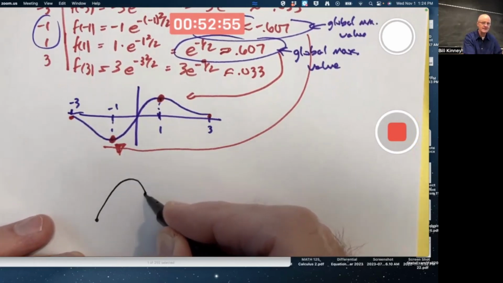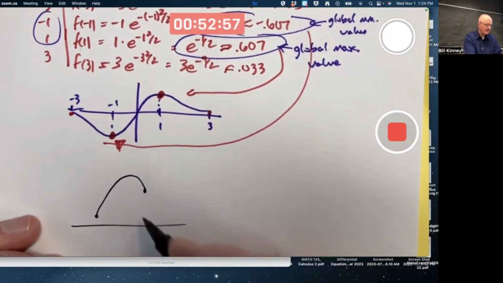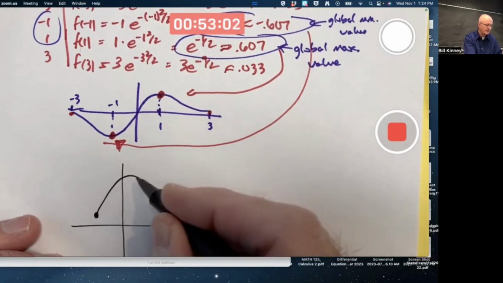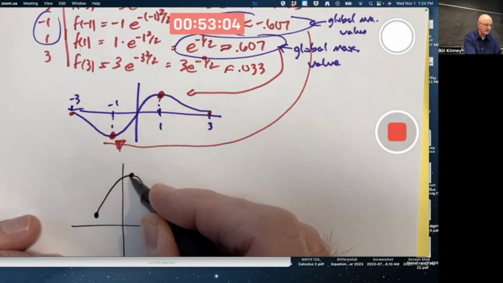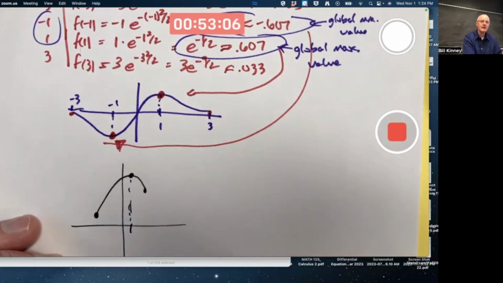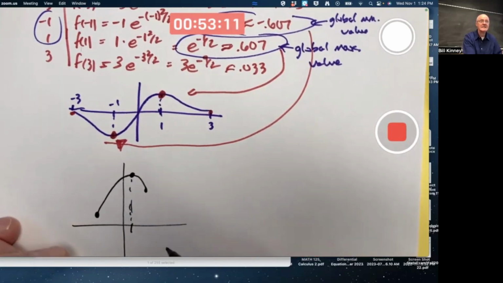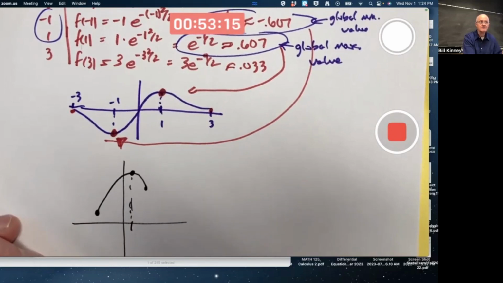Sure, if you had a graph like this, that would be a graph where the global min occurs at the left endpoint, but the global max occurs at the critical point. And that's not an endpoint. It's in the interior of the interval. That can happen. Likewise, you could have a global min at the right endpoint and a global max at an interior point as well. All different kinds of combinations can happen.